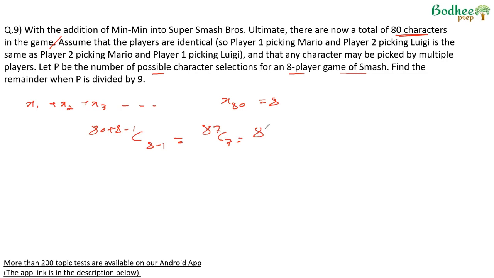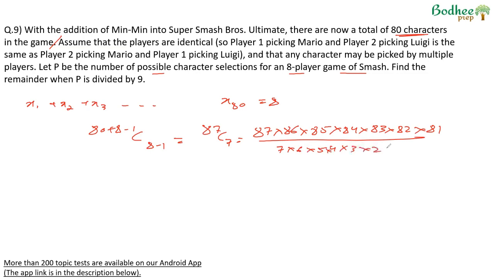So this will be 87 into 86, counting back 7 numbers, 85, 84, 83, 82, 81, divided by 7, 6, 5, 4, 3, 2, 1.